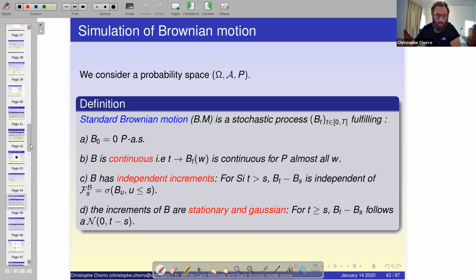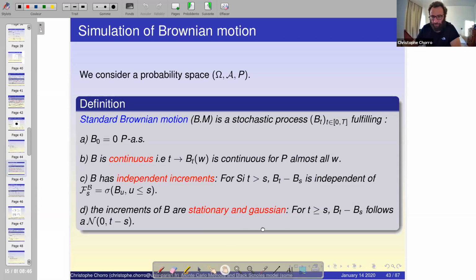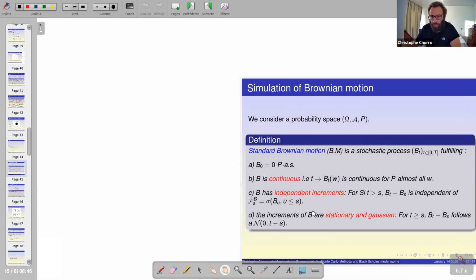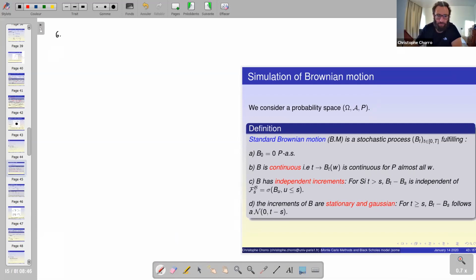So, keeping in mind the definition of the Brownian motion, I want to generate a trajectory of the Brownian motion using a computer, on 0 to capital T. First of all, you have here a stochastic process defined for t belonging to a sub-interval of R, here 0 to capital T, so you have an infinite number of points.